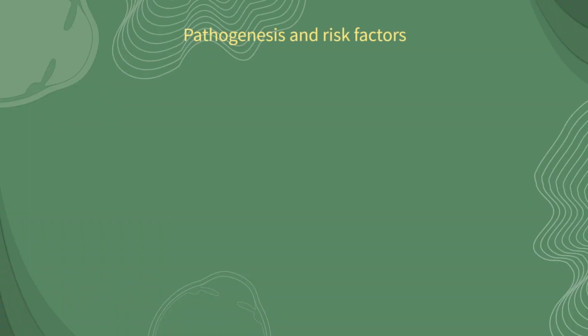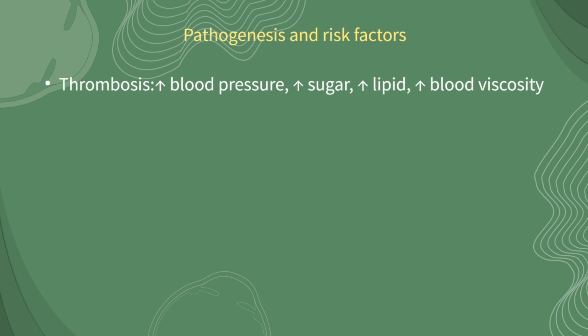There are several pathogeneses in RAO. The occlusion may be caused by thrombosis, a blood clot, resulting from risk factors such as hypertension, diabetes, hyperlipidemia, hypercoagulated status. The second cause is an embolus, which may come from the heart or internal carotid artery.